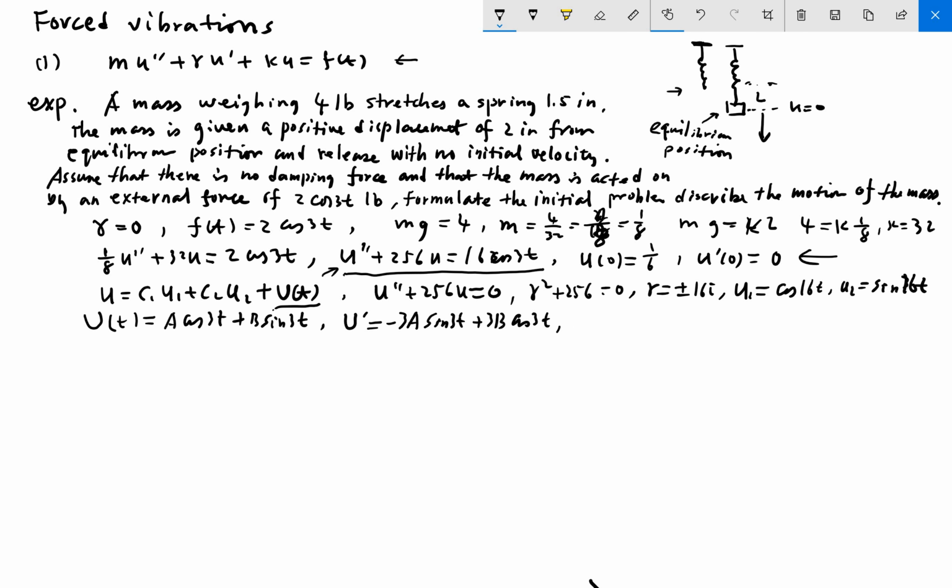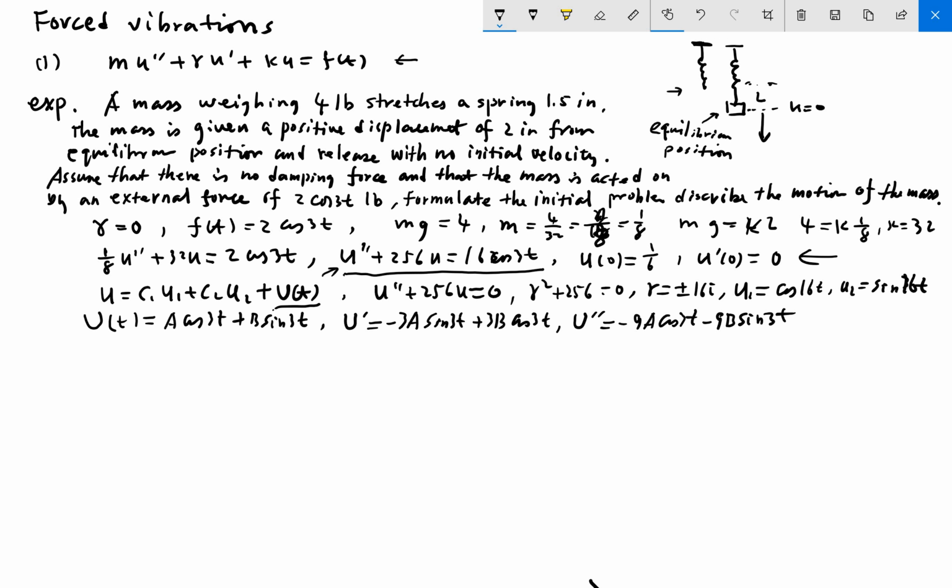Okay, take the derivative again because we're going to put it back in the equation. So they give you negative 9a cosine 3t minus 9b sine 3t. Okay, we put it back in the equation.